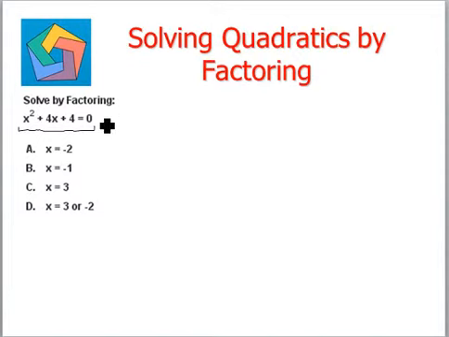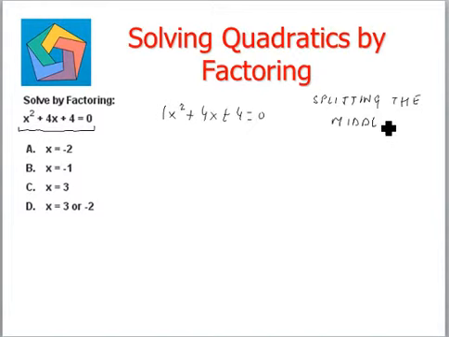This equation can be written as 1x squared plus 4x plus 4 equals 0. Here we will be using the method that is called splitting the middle term. Let's see how we do this.